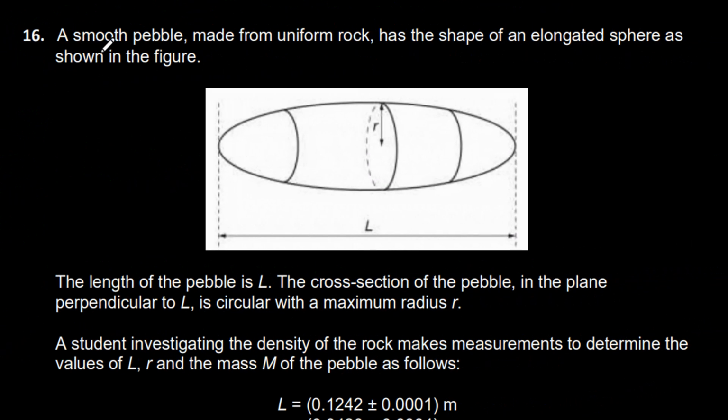Then in question 16, we have a smooth pebble made from uniform rock that has the shape of an elongated sphere, as shown here.